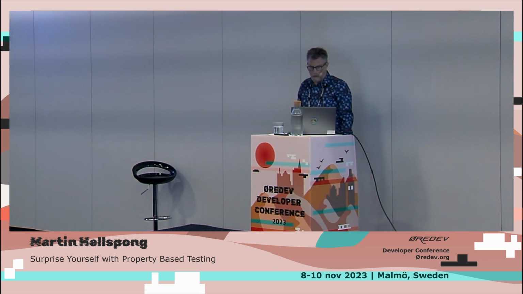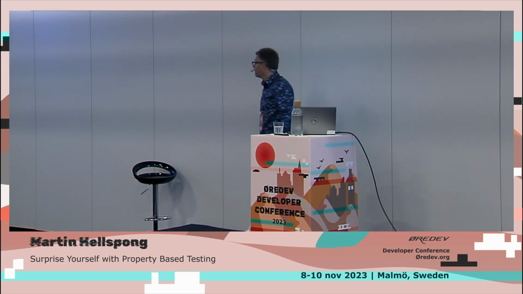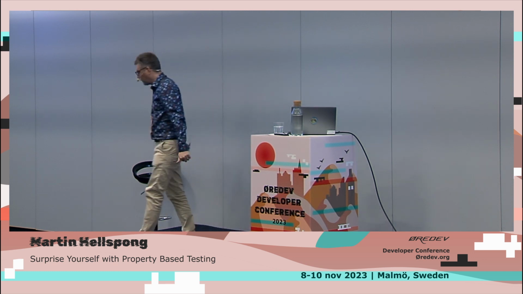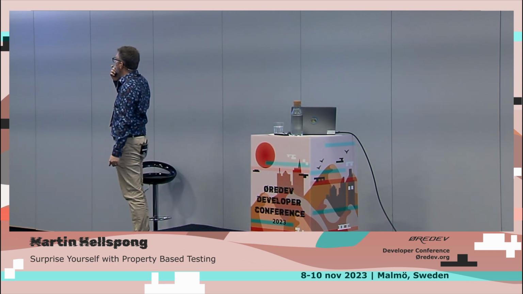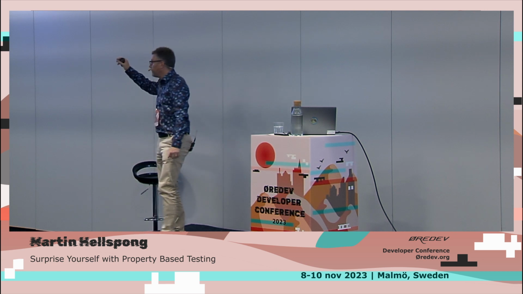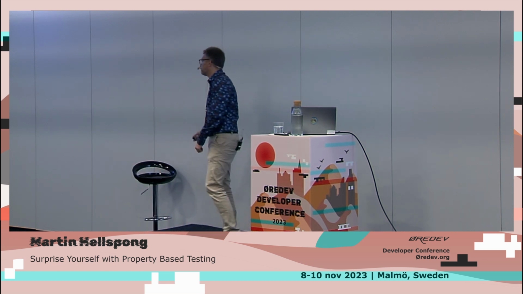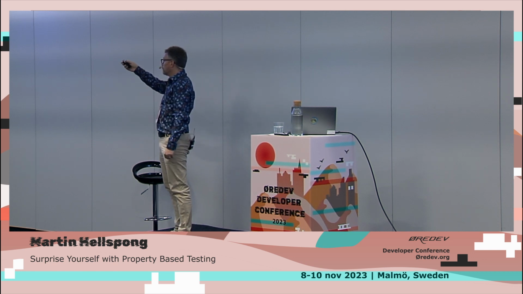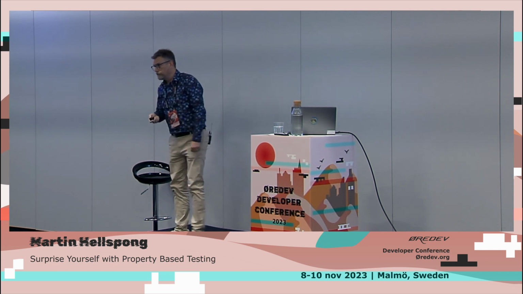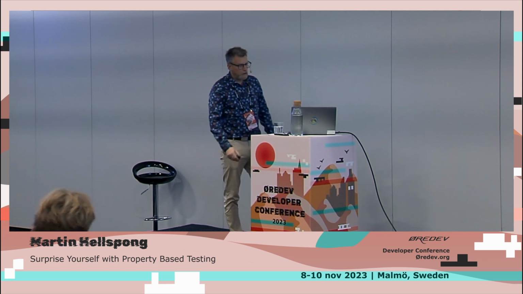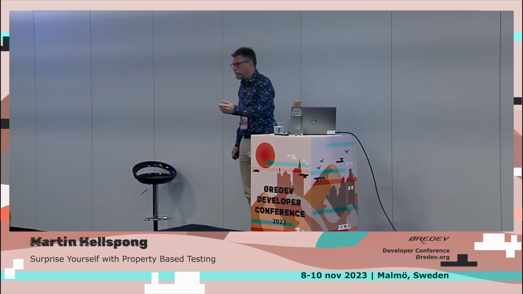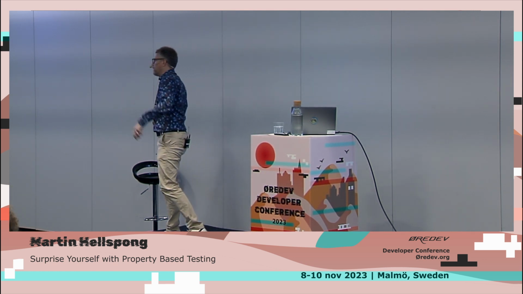So this is going to be a complicated slide, but let's stay here a while and see if we like it. If you have a property, let's say the volume is never negative, you would generate some inputs, and you would check the precondition. Perhaps you had this precondition, you should never be negative.